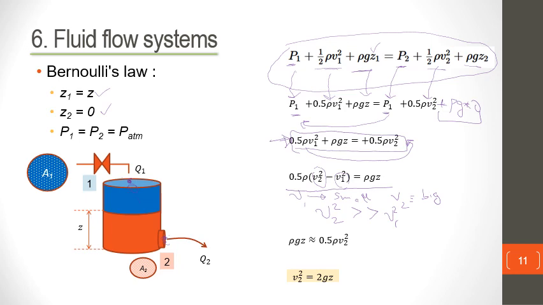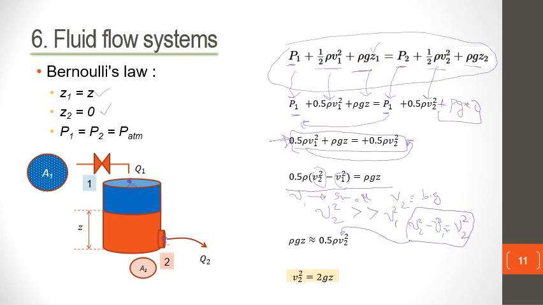So the square of V2 minus the square of V1 would approximately be equal to the square of V2 itself, because V2 is much bigger. For this reason, we can rewrite this equation to simply show that one side remains half rho times the square of V2. We don't need the square of V1 because it's so small.